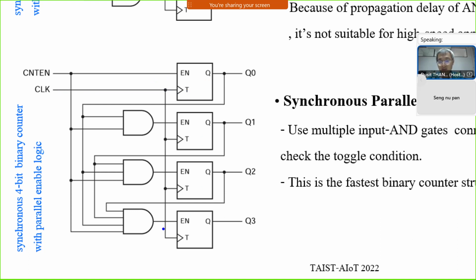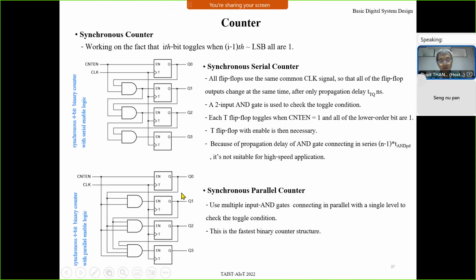So if you observe, this enable is 1 when this bit is 1, this bit is 1, this bit is 1. So if the previous bits are 1, the flip-flop will toggle its value. For this bit also, it changes when enable is 1, which happens when this bit is 1, and so on. This is the counter.